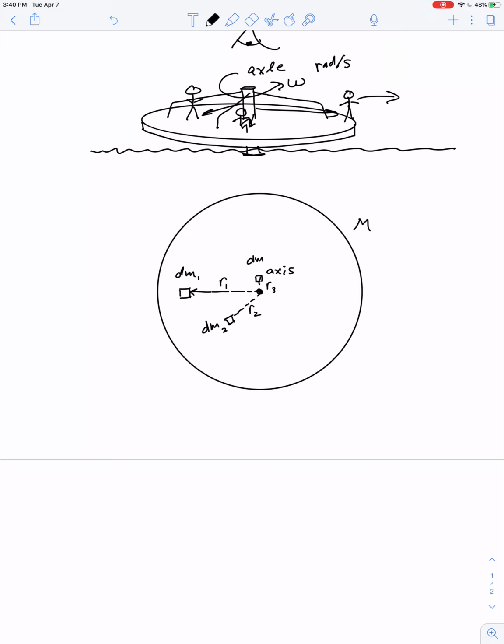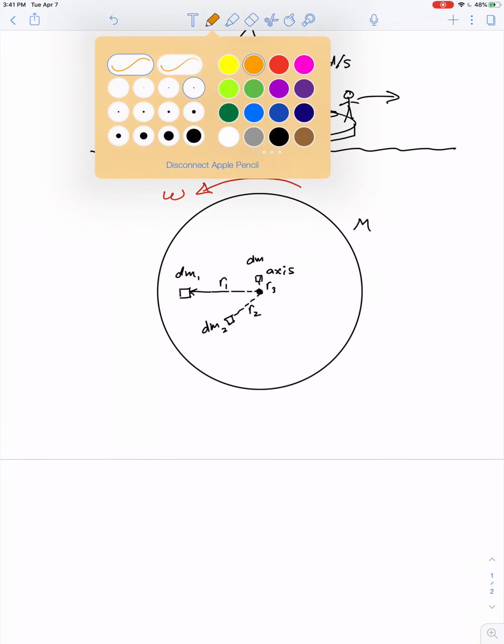Well, the one thing that's the same, even though all these dm have different locations relative to the axis, they all have the same value of omega. Every one of them spins with a common number of radians per second.